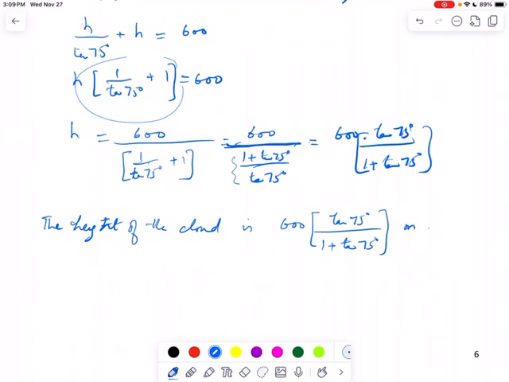Again, if the question asks you, you can even convert it into decimals. This is approximately 473 meters.